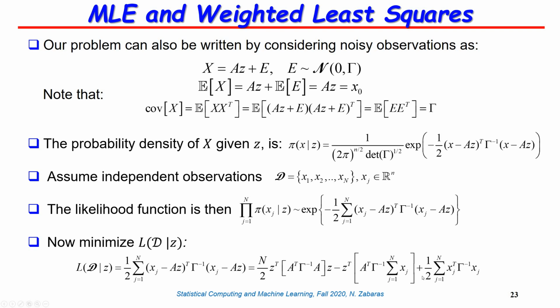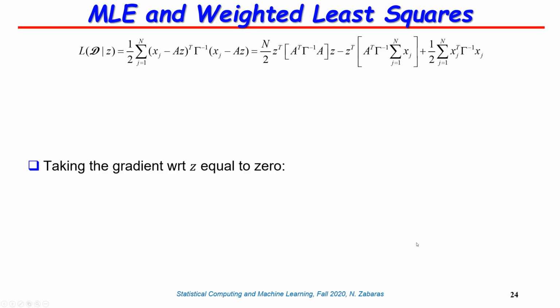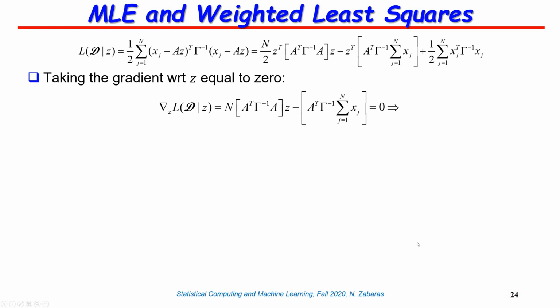So if you take the derivative of this with respect to z and set it to 0, this is the derivative. I am going to simplify it by getting rid of this summation and substituting n times the sample mean, and here's the answer.